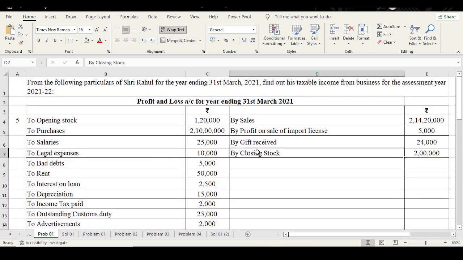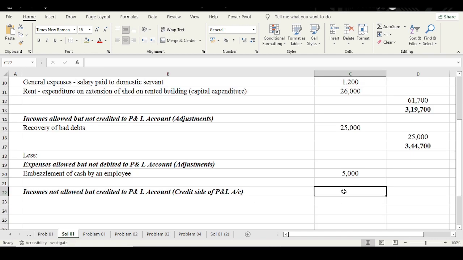Closing stock anyways is related to business, it is allowed and we have to account only for the undervaluation or overvaluation of the closing stock. Okay, so there are no items when it comes to incomes not allowed but credited to P&L account.